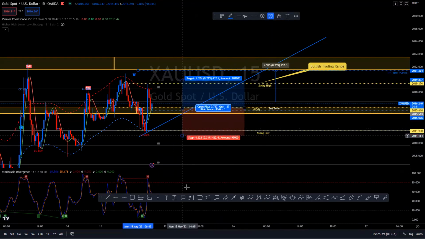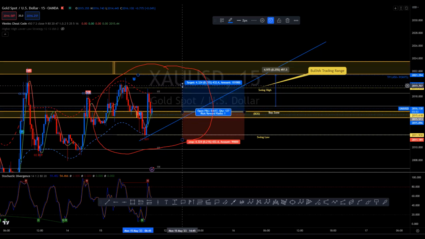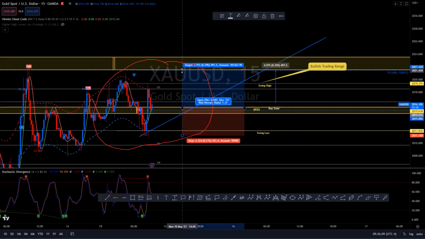So we want to keep on focusing on this price action, and then getting our stop loss and take profit in at 9:29, rather. And just wait to see what price does.